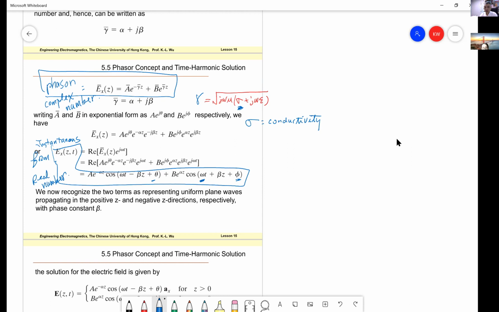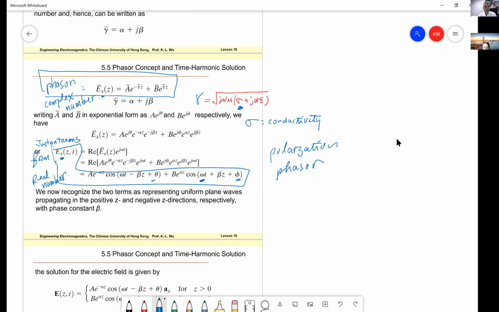Okay, so those descriptions are independent of polarization. In this case, our polarization for the electrical field is in the x direction. Polarization and phasor are two different things.